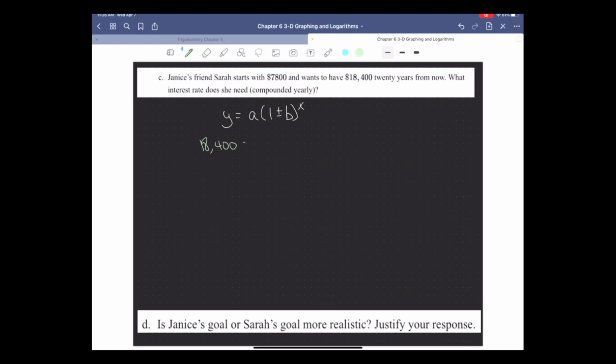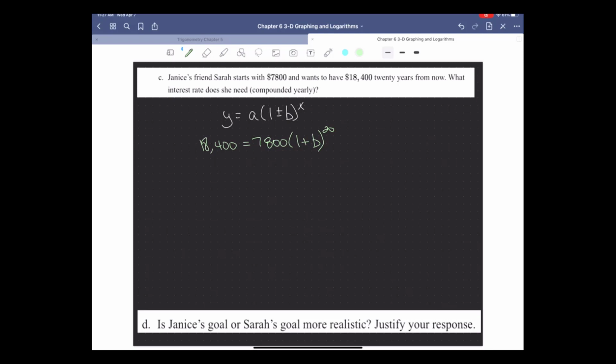A is our initial value, so 7,800. For the 1, are we going to make money or lose money? Make money, so plus. Do we know our rate? Nope, that's what we've got to find out. And how many years? 20.